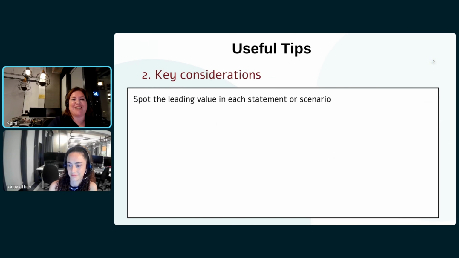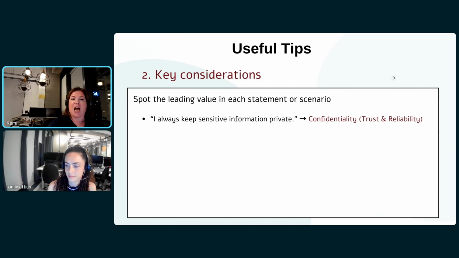So some key considerations. Spot the leading value in each statement or scenario. This is a good tip. For instance, "I always keep sensitive information private." Keeping sensitive information private speaks to confidentiality. If you see a statement like this, you know that that's what it's talking about.